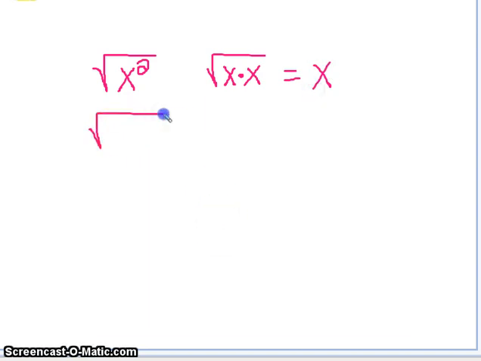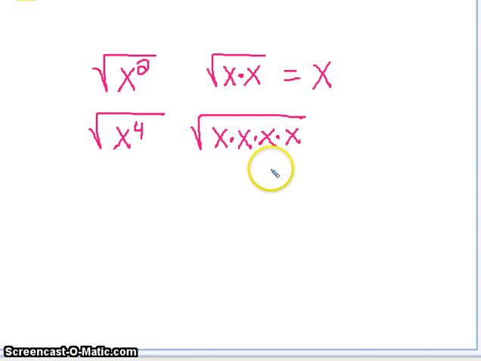If I have the square root of x to the fourth, then that means I have 1, 2, 3, 4 x's under my radical. And that will give me 1 x to pull out and 2 x to pull out. So that leaves me with x squared as my answer for the square root of x to the fourth.